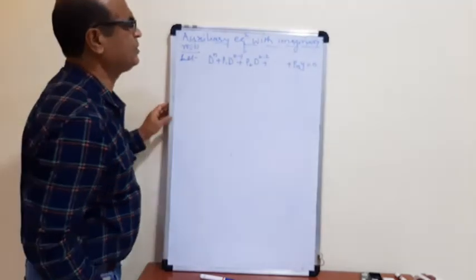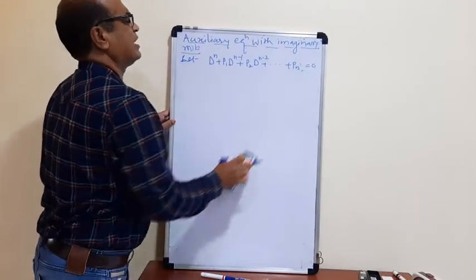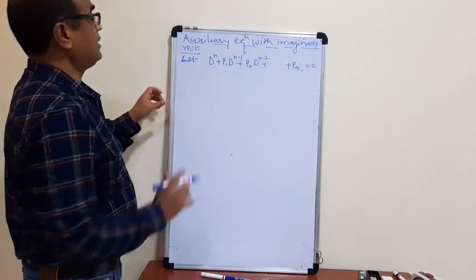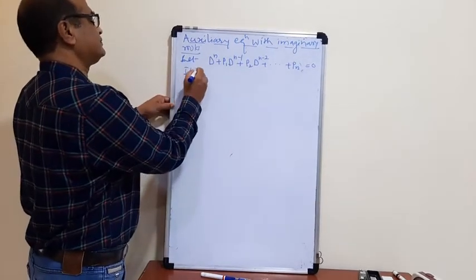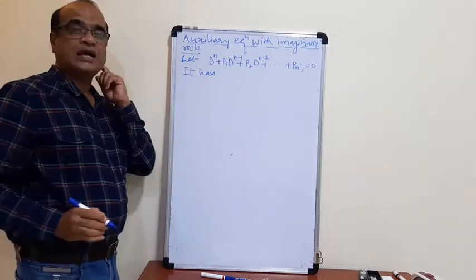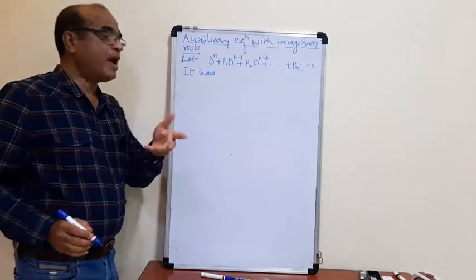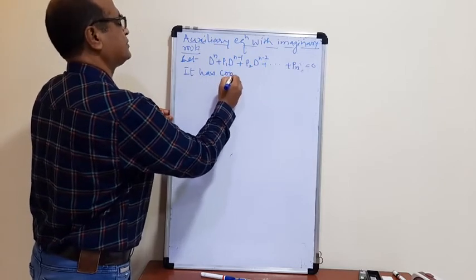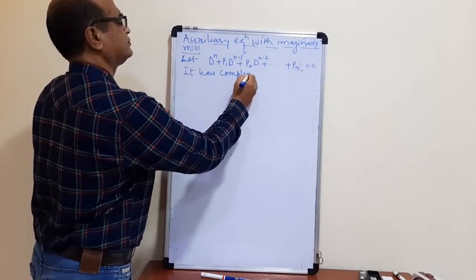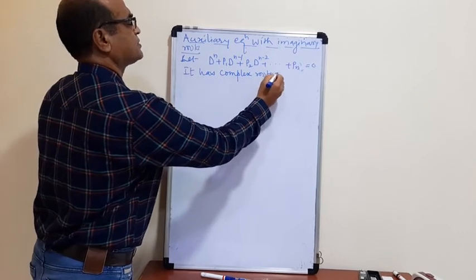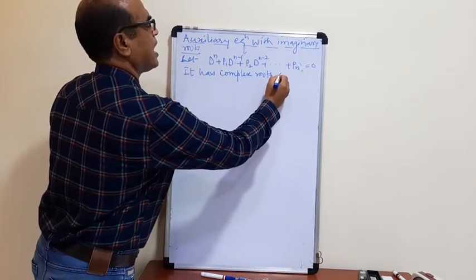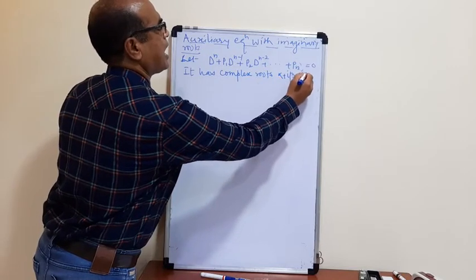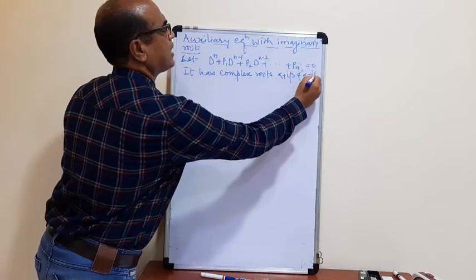It has imaginary, complex roots: alpha plus i beta and alpha minus i beta.